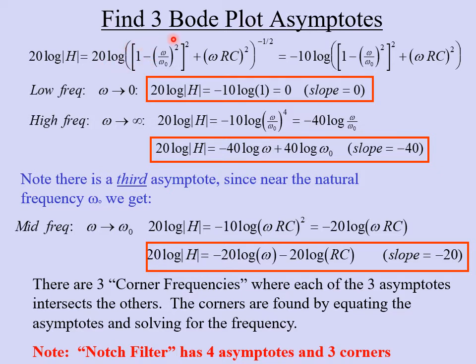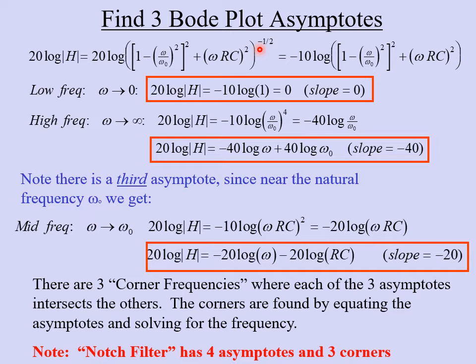Remember, to find the Bode plot asymptotes, we have to convert them into decibels. So we have to take 20 times the log of the magnitude of H. So I have 20 times the log of the result from the last page, and the result from the last page is shown right here. Notice the power here is -1/2. That means we have a square root that's down in the denominator. I'm just doing some algebra here to write this in a simpler form.